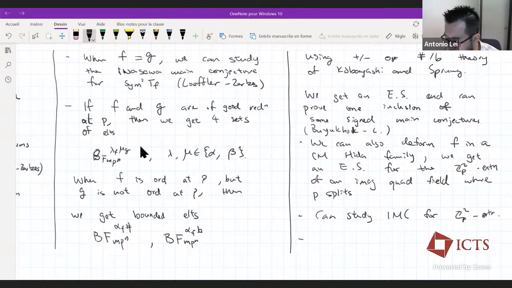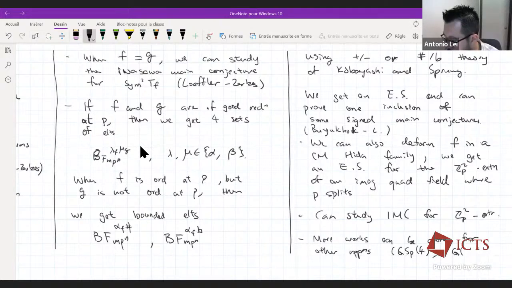So I will just briefly mention more works that can be done for other representations, like GSp4.